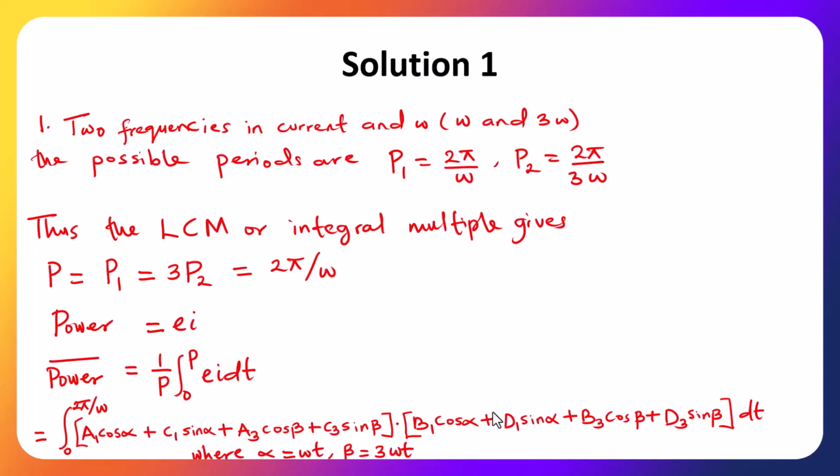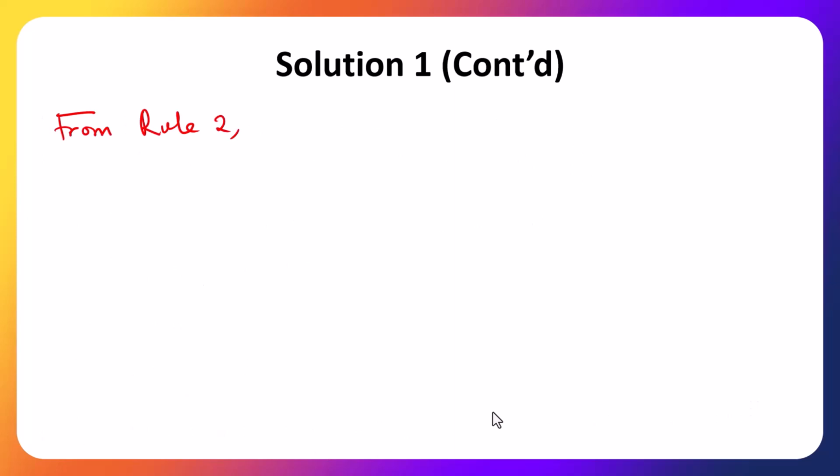We should note that alpha in this case is our omega t and beta is our 3 omega t.